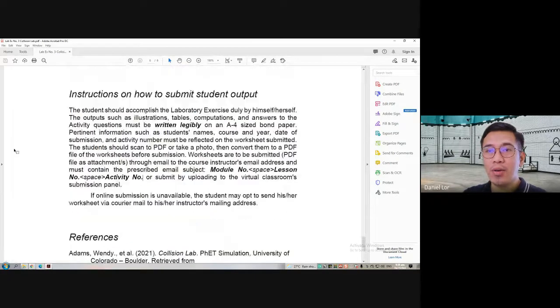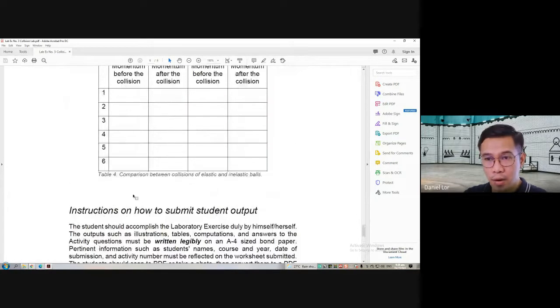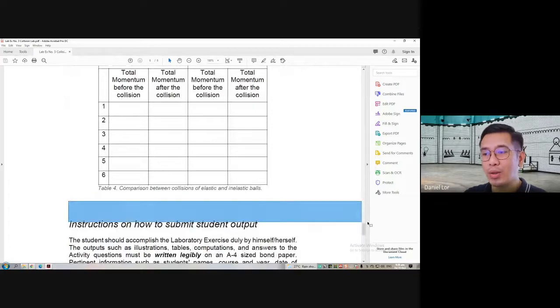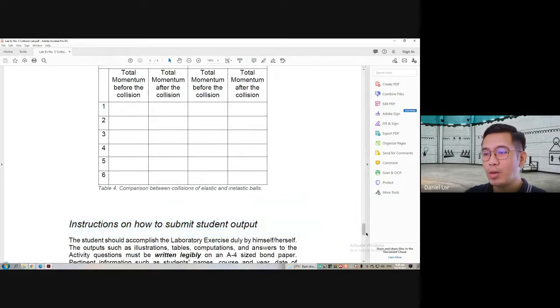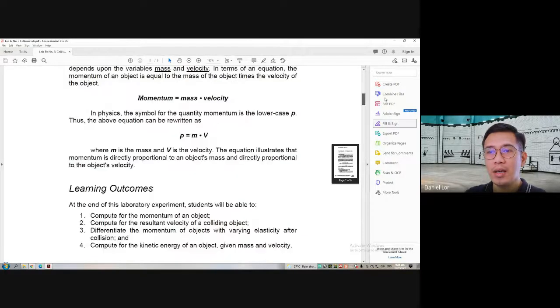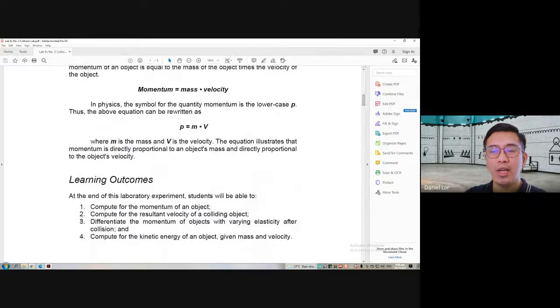And before or after this table 4, kung sa may last nga buhaton, you have to insert here your conclusion. So kung sa may atong ibutang sa conclusion, the conclusion should contain the answers to the following learning outcomes. So, how to compute for the momentum of an object, how to compute for the resultant velocity of a colliding object, and differentiate the momentum of objects with varying elasticity.